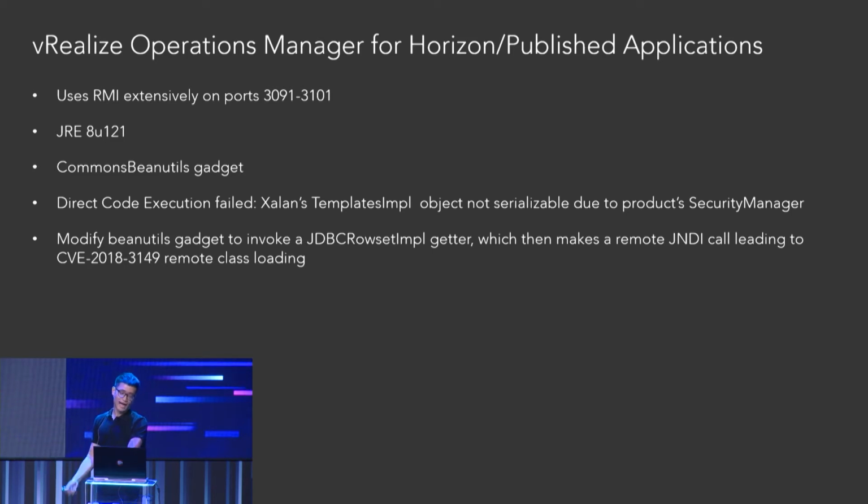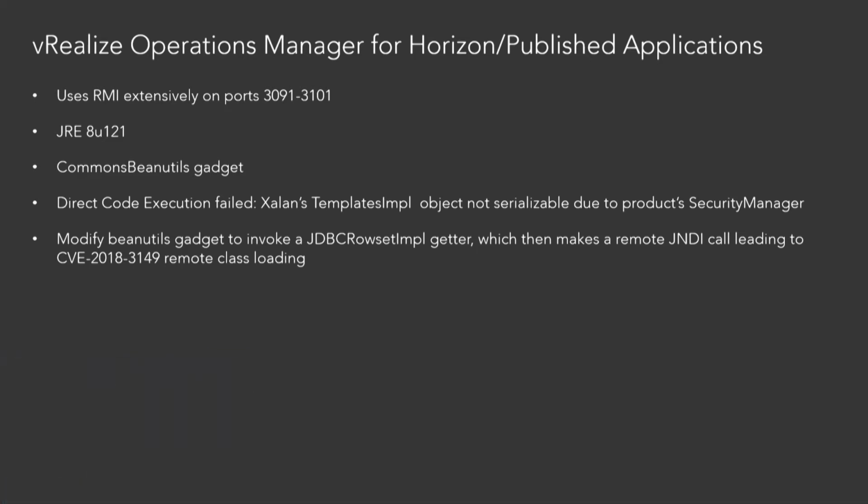So I modified the BeanUtils gadget to invoke a JDBC RowSetImpl getter. And by the way, from what I know, this is not public before. This is a class in the core Java runtime, and this class has the ability to make a remote JNDI call.